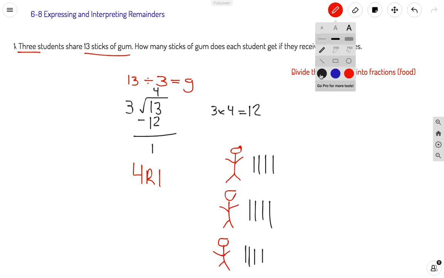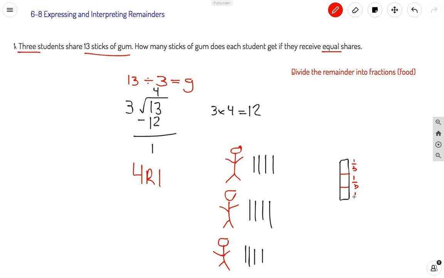Let's pretend that this is our stick of gum. If I break it up into 3 pieces, I have 3 total pieces, so this top one would represent 1/3. This middle one would represent 1/3. And this bottom one would represent 1/3.